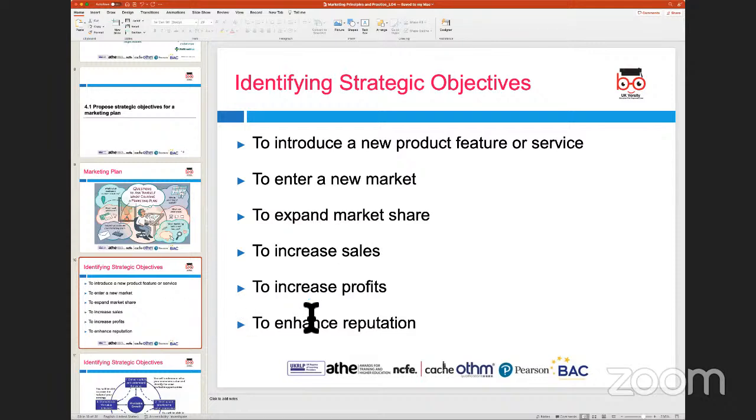So when we look at strategic objectives, there can be many, many different types of strategic objectives which a company might have for the process of, essentially, let's say, going to market or creating a marketing plan. Now, some of these objectives can be when a company is launching a new product. Apple, for example, has launched the new iPhone 15.